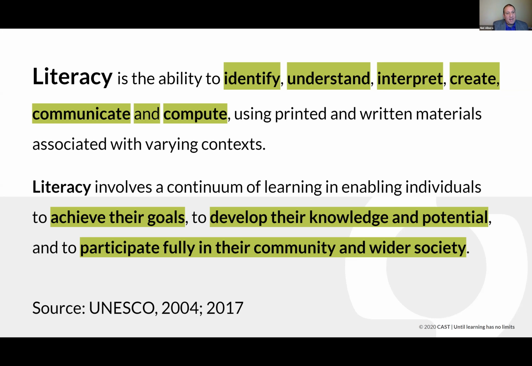And I think that second paragraph really points that out: the goal of literacy is to help them to achieve their own individual potential, their own goals, and to fully participate in the community. So when we frame literacy around this purpose, we can then begin to say, how does our hybrid environment support learners to do that?